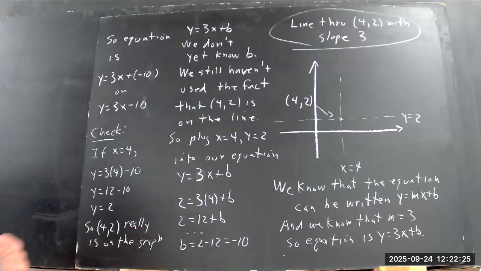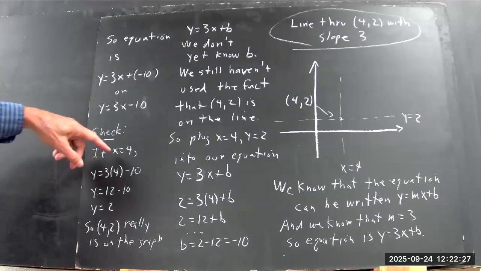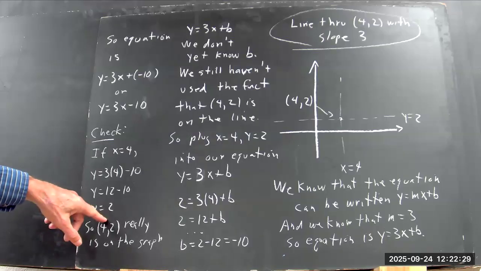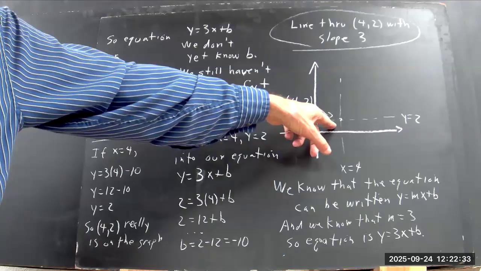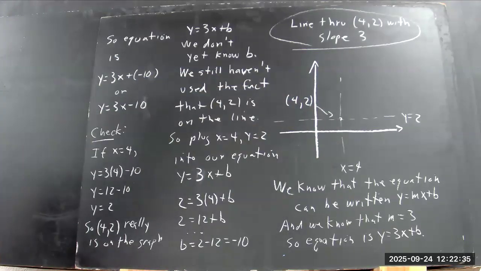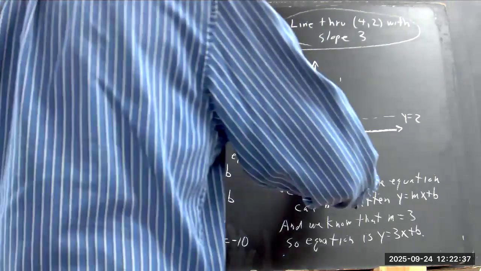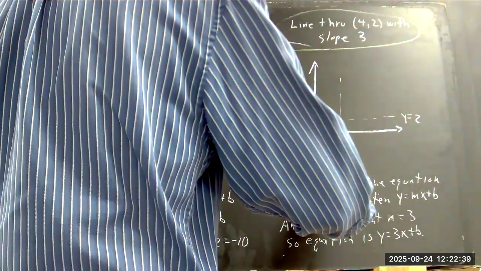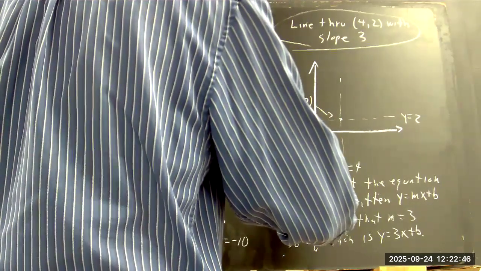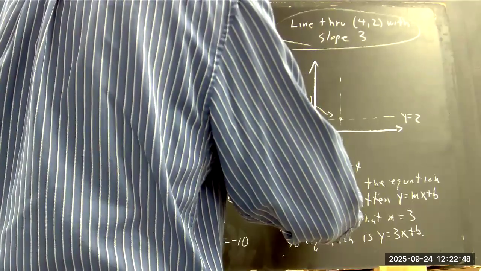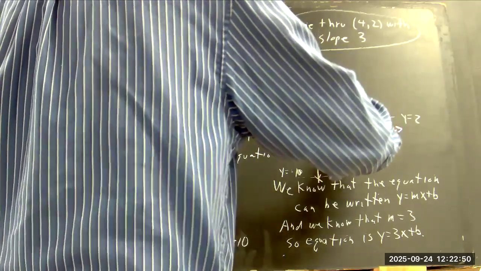Now there are a bunch of words there. We plug x equals 4 in, we get y equals 2, which we better get because we said that point is on the graph, right? X is 4, y has to be 2. So we can complete graphing this, and we come down here to y equals negative 10, and this isn't very well drawn to scale.